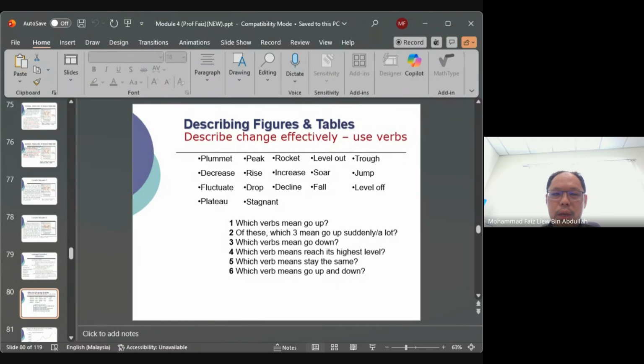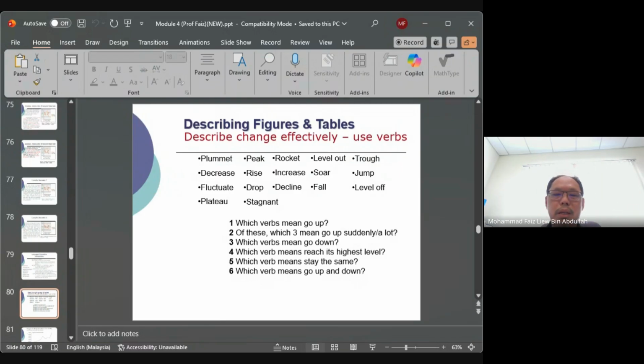Besides that, describing figures and tables, you should change effectively the use of words. So these are some of the words. When you talk about a graph, people usually use increase, decrease, but there are some other words like fluctuate, drop, decline, the system fails. Or instead of using stagnant, you can say the thing levels off. It reaches up to 5,000 value, and then it levels off.